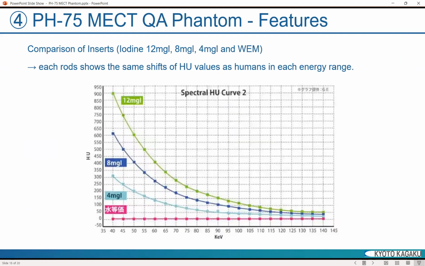We also did a comparison of the different inserts which come with our phantom. Those were different concentrations of iodine and also the water equivalent material. And as we can see in the chart, the rods show the same shift of Hounsfield values as humans in each energy range.